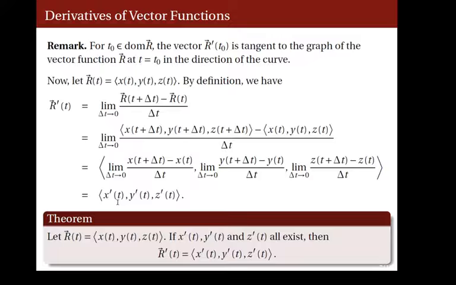And so we have this result: if R is given by x of t, y of t, z of t, and the derivatives of each component of R exist, then necessarily the derivative of R is given by the vector-valued function x prime of t, y prime of t, z prime of t.